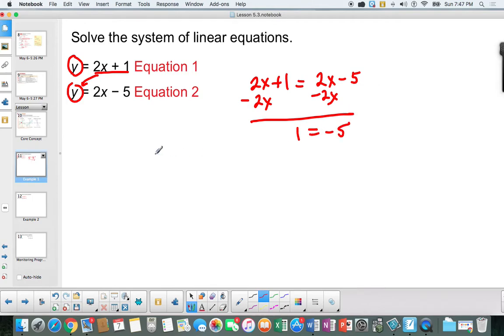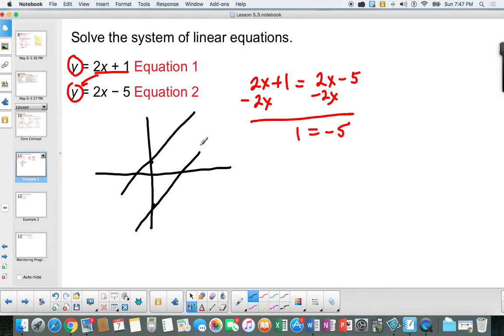What's happening is that these two lines are parallel, and that's why I'm not getting a solution. One of them is intersecting at 1 and has a slope of 2. The other one is intersecting at -5 and has a slope of 2. So when I see something like this, I know I have no solution.